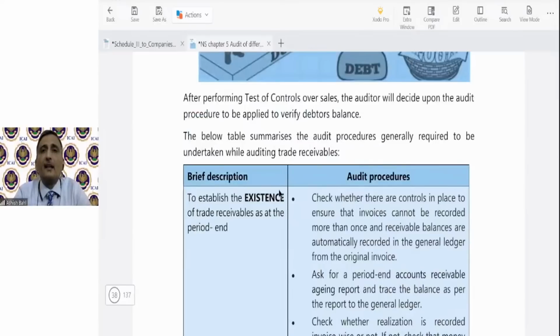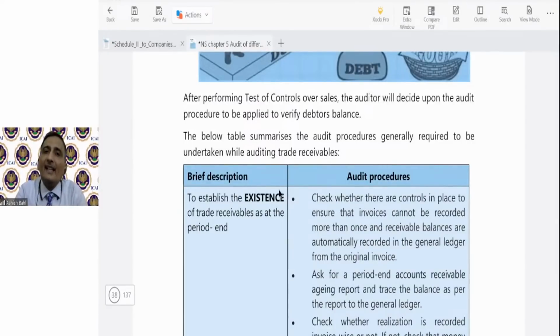So students, you remember chapter 4. We had learned there in chapter 4 assertions relating to transactions, assertions relating to account balances, and assertions relating to presentation and disclosure.